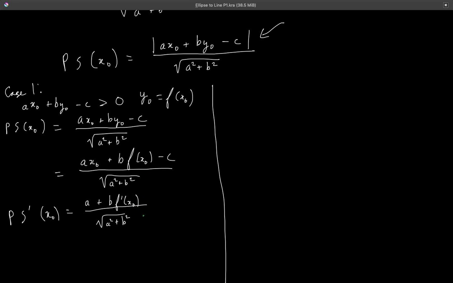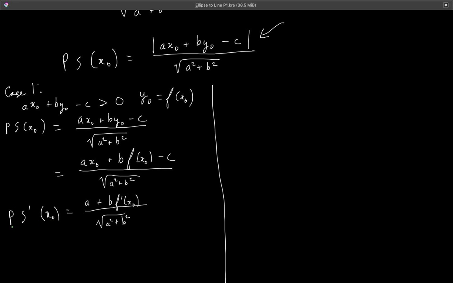Alright, so now that we have that, we also have the ability to set this entire thing equal to 0. When we set this equal to 0, we're basically implying that we're choosing the particular x0 such that the distance between p and s is minimized.